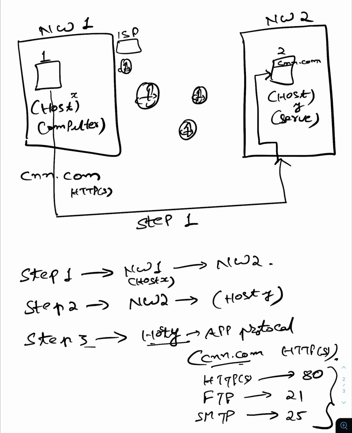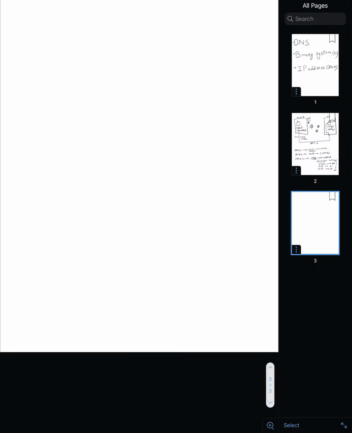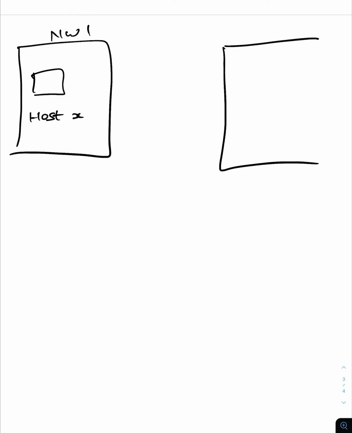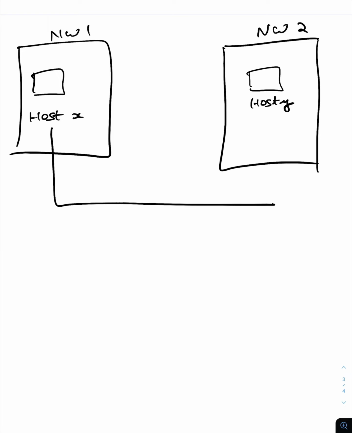And yeah, so let's talk about the DNS here. As I said, when your request goes from network 1, host X wants to talk to network 2, host Y, and I said it's requesting cnn.com, right?